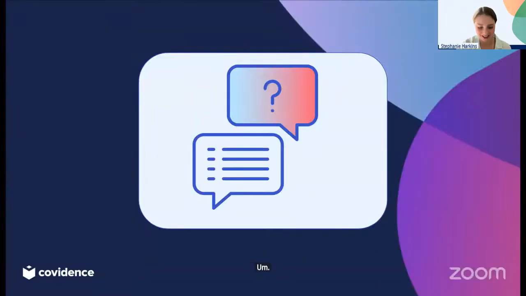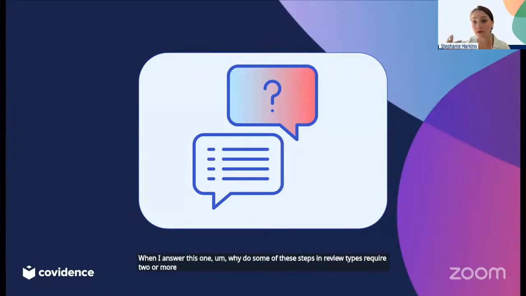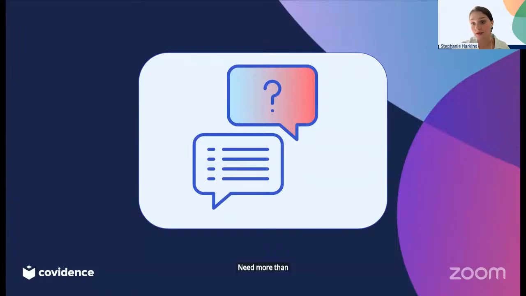But some questions. I saw a good question, Tamara, if you want to answer this one. Why do some of these steps in review types require 2 or more people? Or why would you need more than one person to work on these reviews? Absolutely. Thanks, Stephanie.